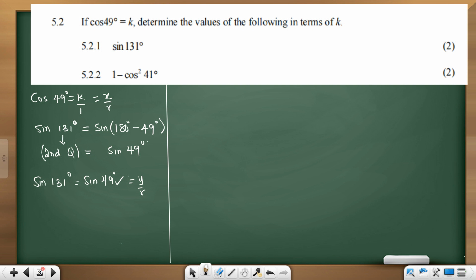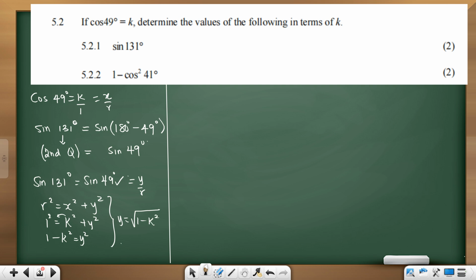I need to run to the theorem of Pythagoras quickly, because I'm going to need the y. What is my r? 1. What is my x? k. And I don't know the y. Move that over there. 1 minus k squared. So what is y? y equals root of 1 minus k squared.